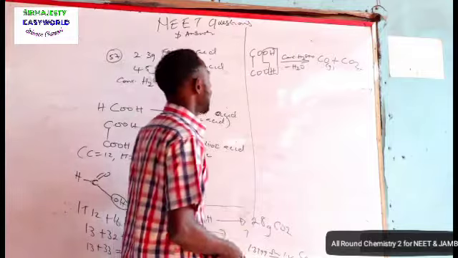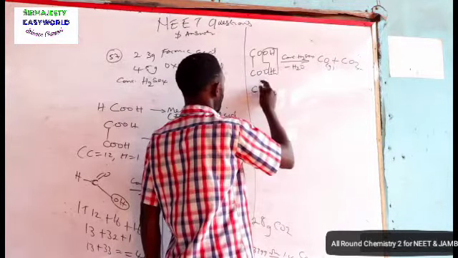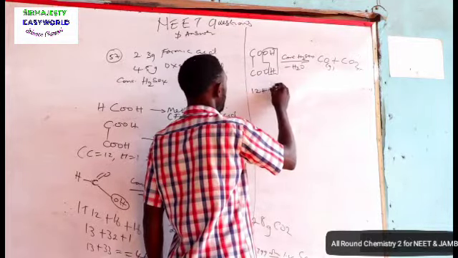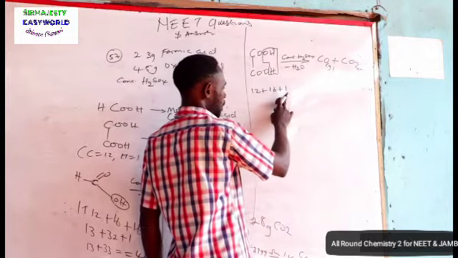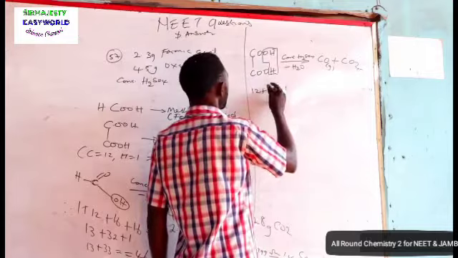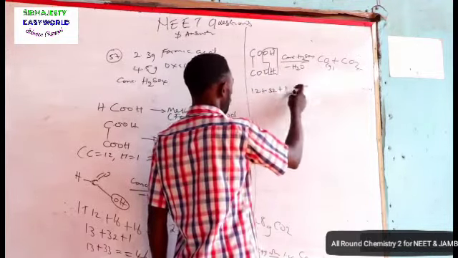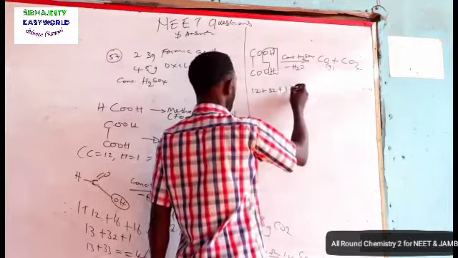formic acid. Now, from this, we take the molar mass. I think this should be 45. That's carbon is 12 for the first one, plus 16 plus 1. 16 times 2, for this COOH, 12 plus 32 plus 1, which is 45, right?